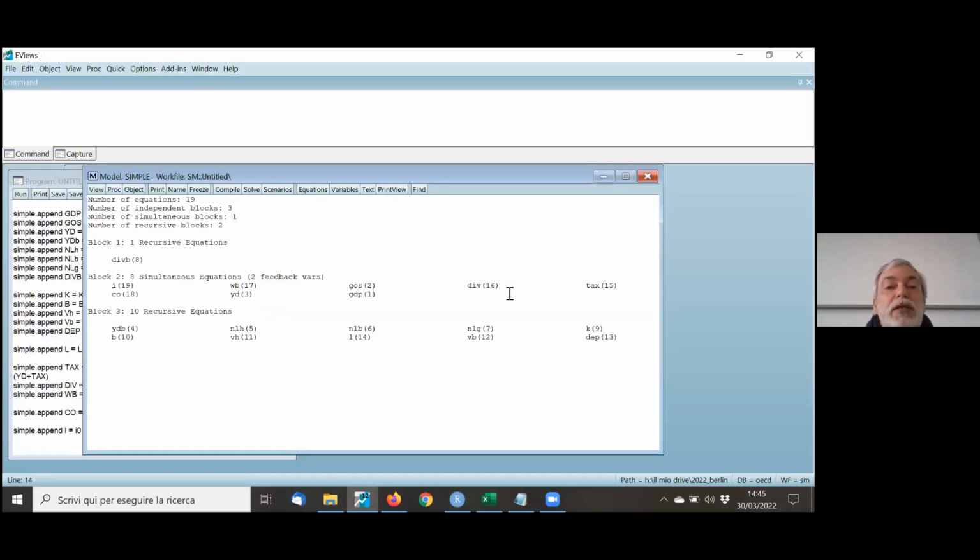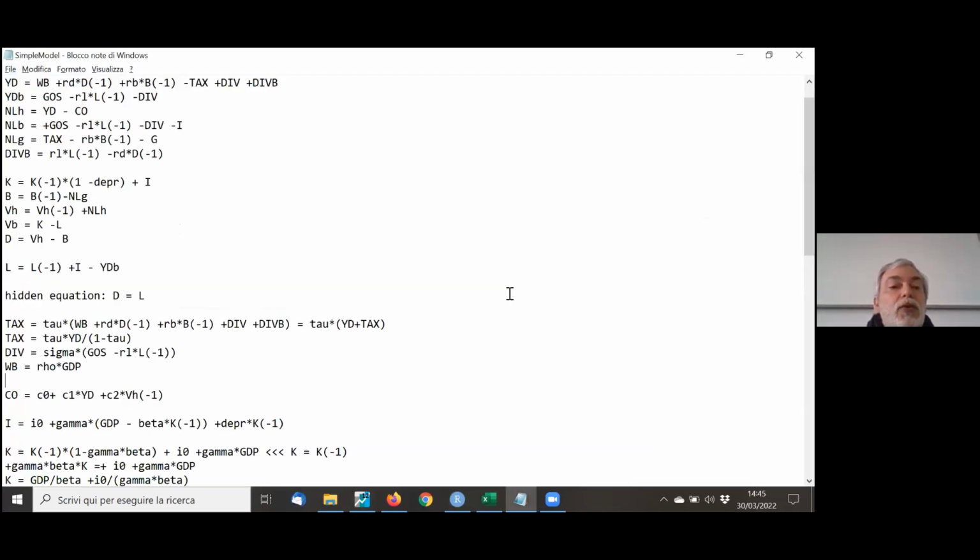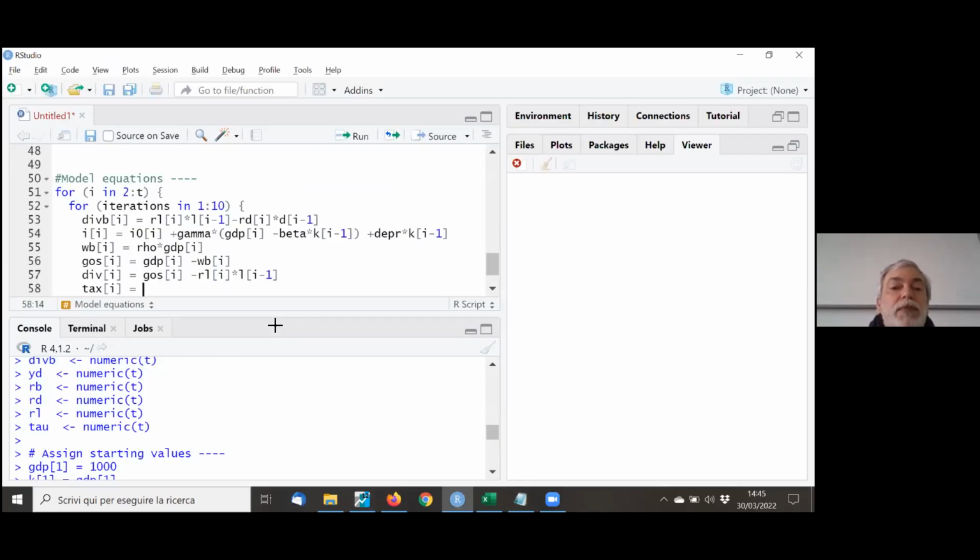Here it's usually simpler to use this long story, because if we use YD plus tax and simplify, and tax equal tau times YD over 1 minus tau, and then we have an equation for YD which depends on tax, there will be an additional simultaneity, while if I use this definition, there is no simultaneity in computing tax and YD, so this is better for my purpose.